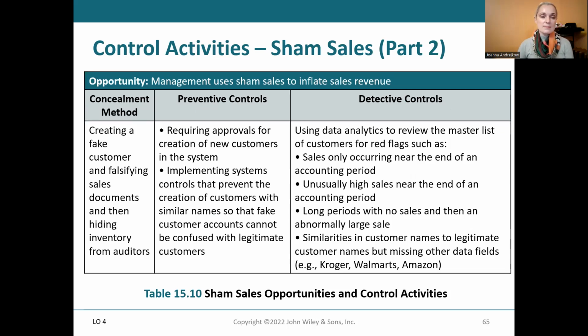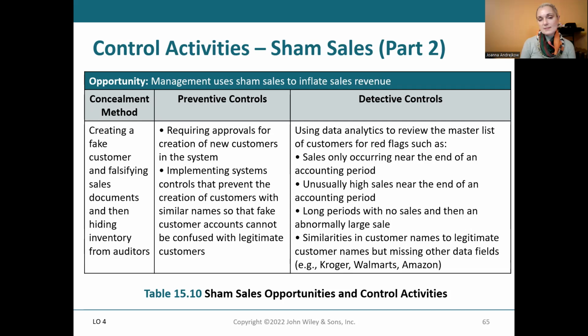Another concealment method is creating a fake customer or falsifying sales documents and then hiding inventory from auditors. Ways to prevent it is requiring approval for creation of new customers in the system and implementing system controls that prevent the creation of customers with similar names so that fake customer accounts cannot be confused with legitimate customers.